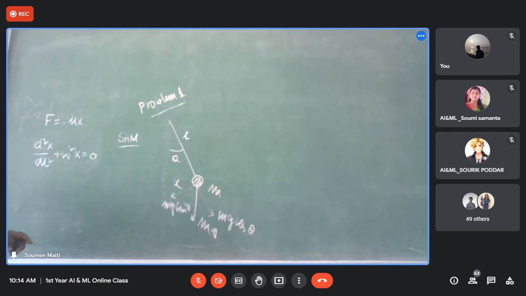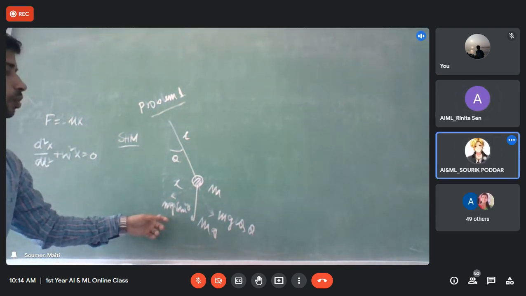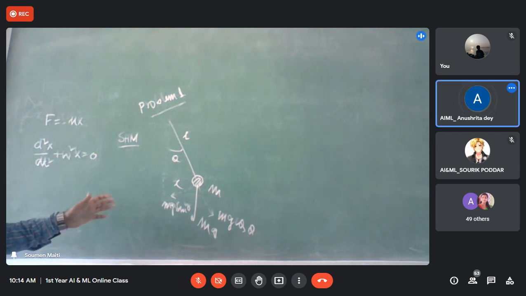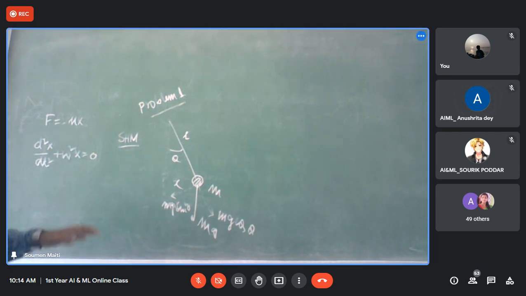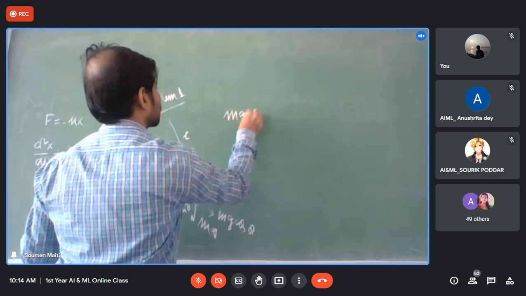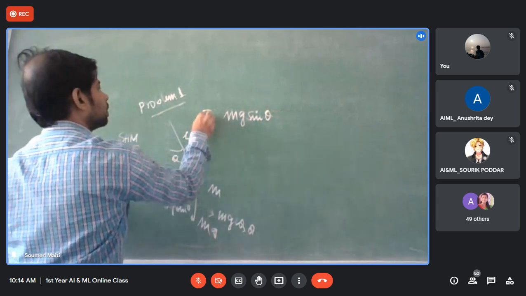So what is the restoring force here? That is nothing but mg sin theta. So the restoring force is mg sin theta. Yes or no? F equal to mg sin theta.